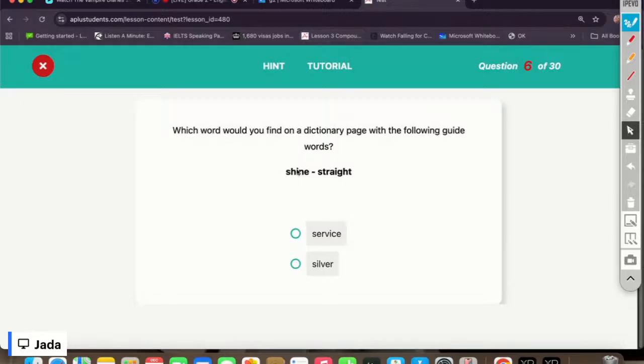So what can we find in between shine and straight? We have what? SH, ST. So we have what? SI, silver. So cap and chrome.